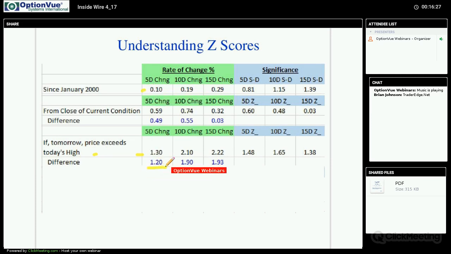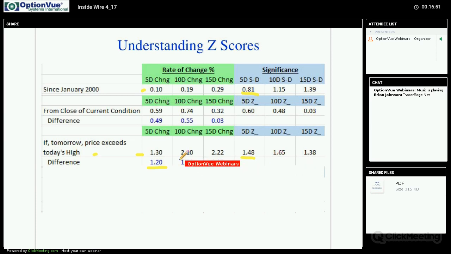That gives us a difference of 1.2, divided by that 0.81. Look at that. We're almost 1.5 standard deviations from the mean there. That's pretty significant. Unfortunately, there are only 6 items in the sample. We'd feel a lot better if there were more than 6 items in the sample.